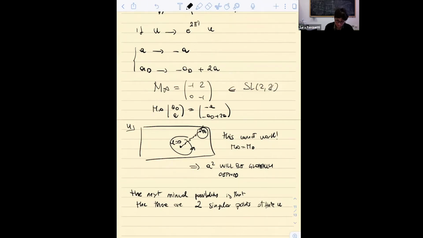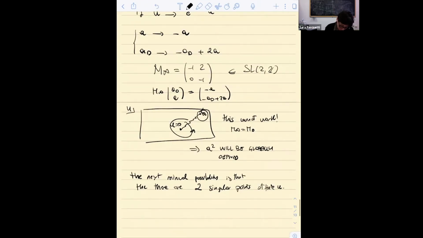Now, remember, there is a symmetry in the moduli space. It is a remnant of the U(1)_R symmetry. So it means that if there are singular points, they come in pairs. If I need to have two singular points at finite u, 0 cannot be part of the game.